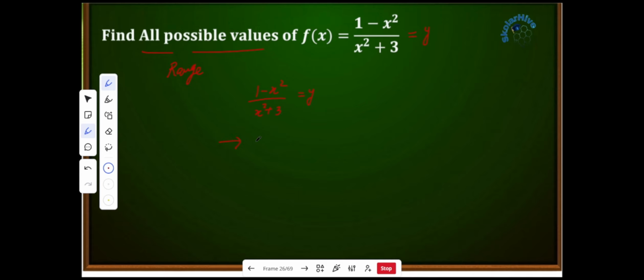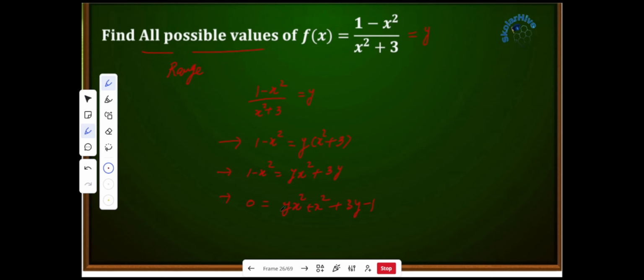But in an equation there is nothing like this. So by doing that, we'll get 1 minus x square is equal to y times (x square plus 3). Now try to bring all the terms on one side. On the left side we have 0, and shifting everything to the right, we get y x square plus x square plus 3y minus 1.